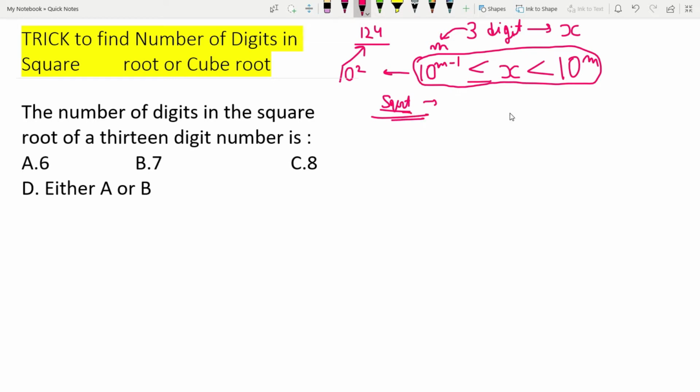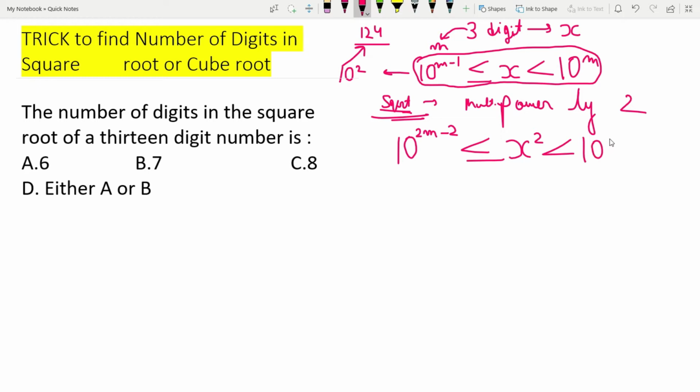That is the tricky part. So we get 10 raised to the power 2m minus 2 smaller than or equal to x squared, smaller than 10 raised to the power 2m.